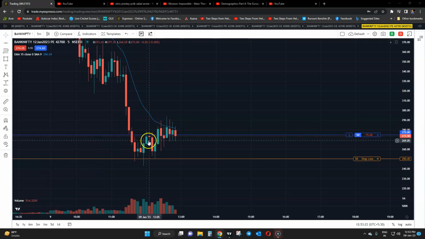You could have probably scalped 20 points and you could have gotten out. Right? But you didn't. You chose to wait because you were thinking that you'd get a good move. But that's exactly what happened here. Thought you'd get a good move.